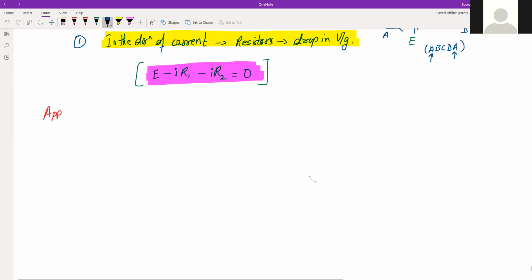What we are doing now is applying Kirchhoff's loop rule or voltage rule.